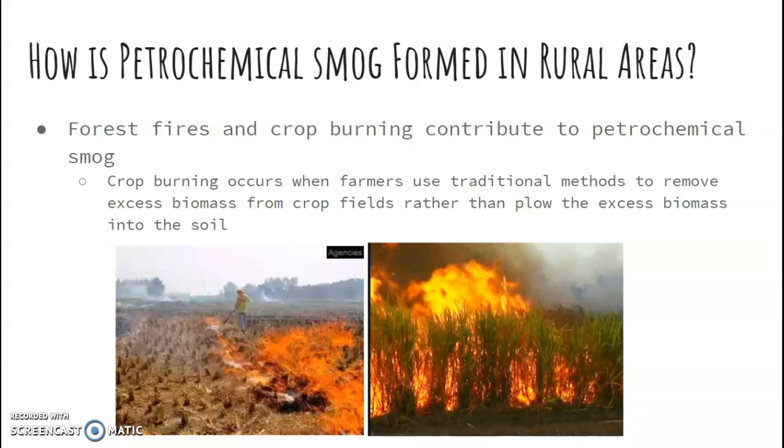And in developed countries, farmers can afford expensive implements and attachments to their tractors, where they can plow this biomass under the soil, and it's used really to fertilize the soil for the next year. But in areas like India, where the farmers are quite poor, it's a less developed country economically, the way to get the fields ready for the next year is to burn the crops off. And so they burn all this biomass off, and it creates just horrible pollution.